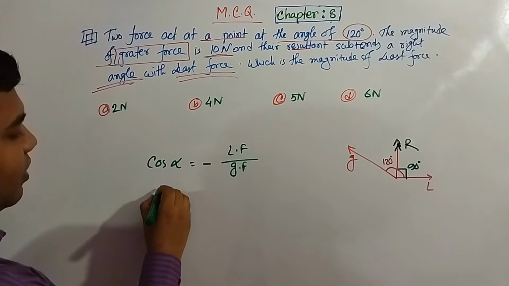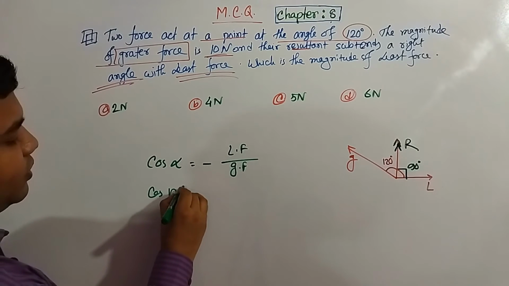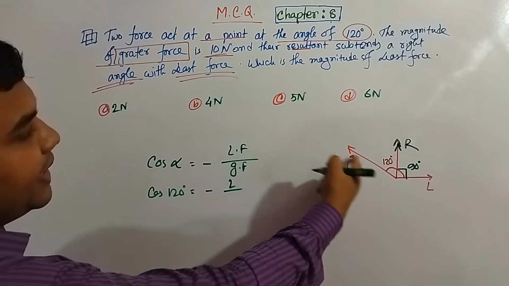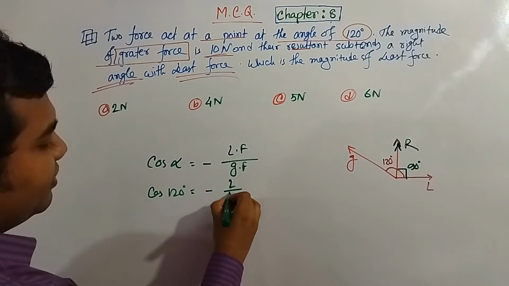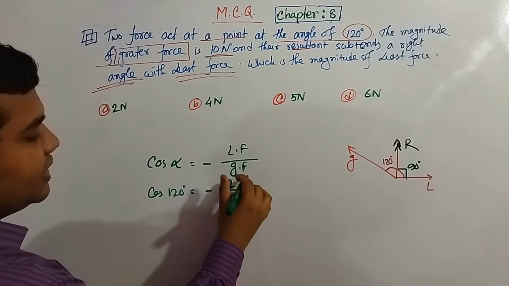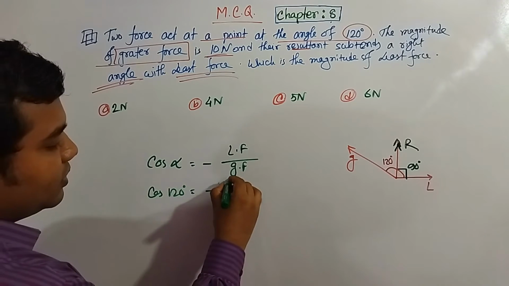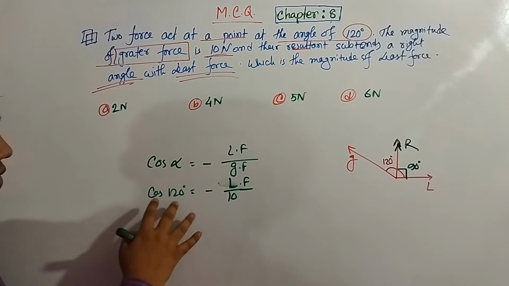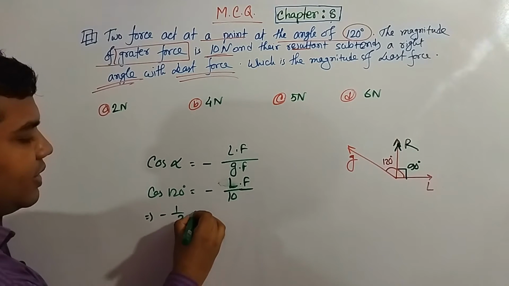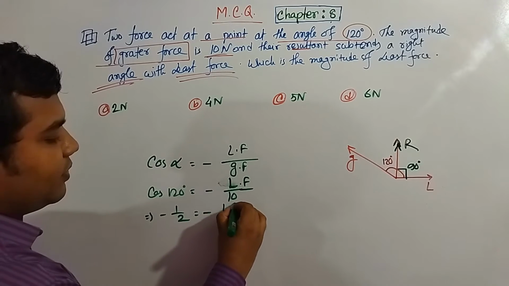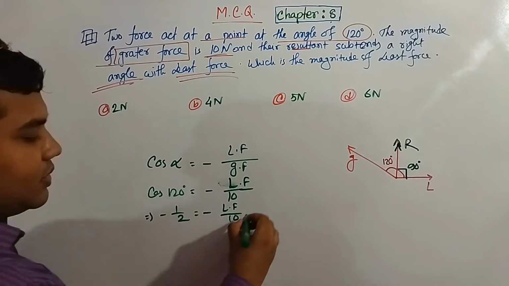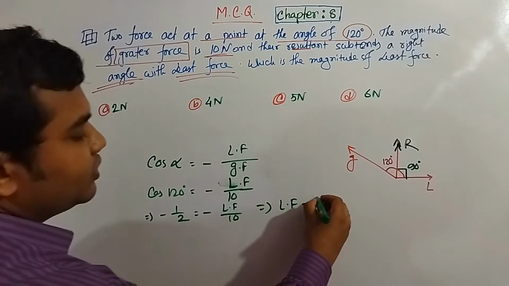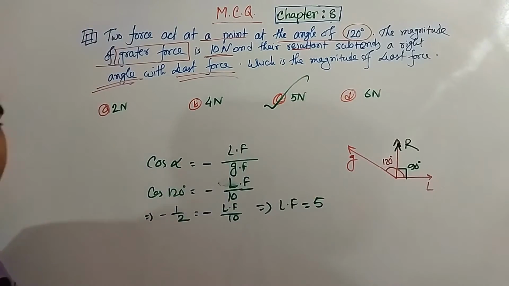So cos 120 degree equals minus least force, which we don't know, divided by the greater force, which was given, that is 10 Newton. Cos 120 is nothing but minus half, equal to minus least force by 10. So the least force should be 5. So the answer is option C.